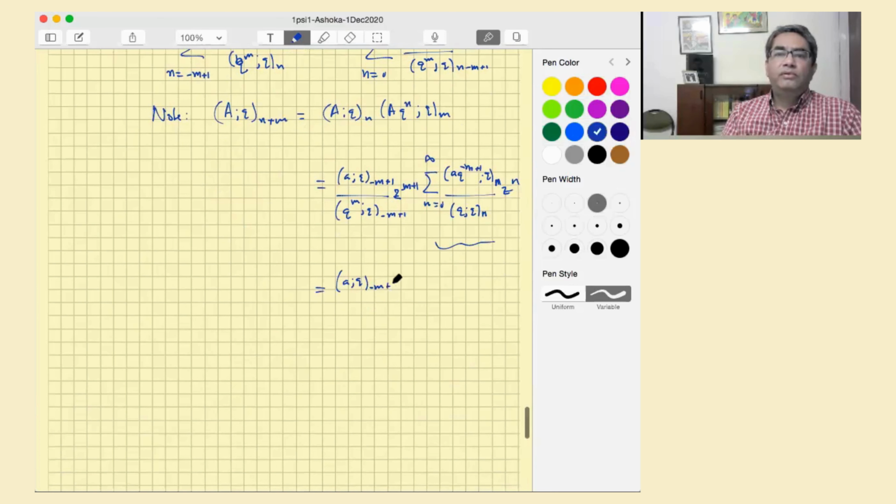This sum we've already got, and it is by the q binomial theorem. It is this (aq^{-n+1}) times (zq;q)_infinity over (z;q)_infinity.